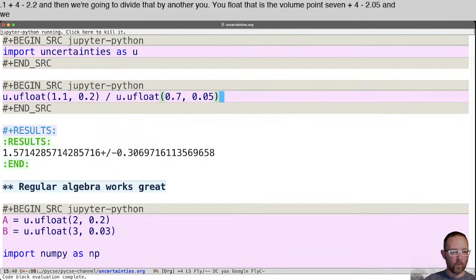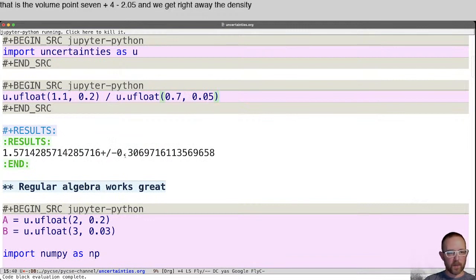And we get right away the density, 1.57 plus or minus 0.3, and it's pretty convenient.